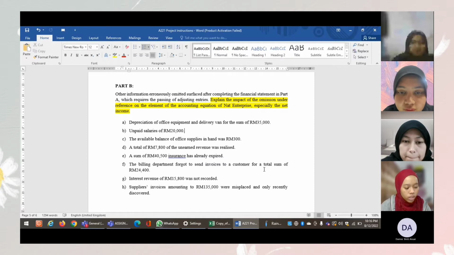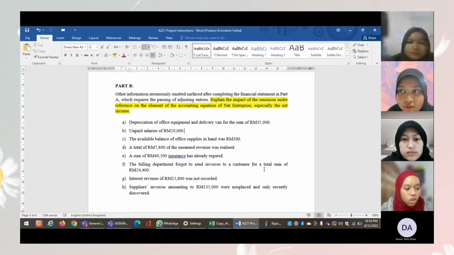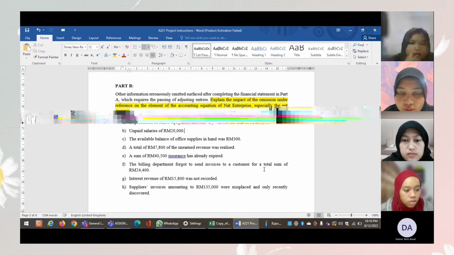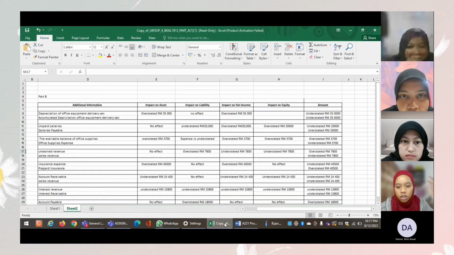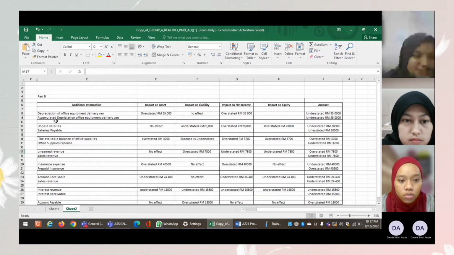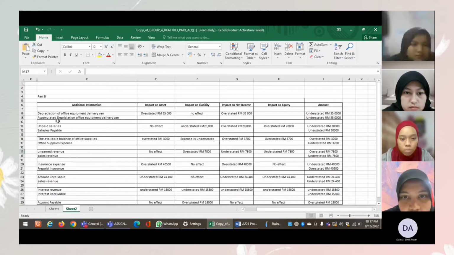So we proceed with the question, which is A, depreciation of office equipment and delivery van for the sum of 35,000. So as we can see, this depreciation of office equipment and delivery van is overstated.